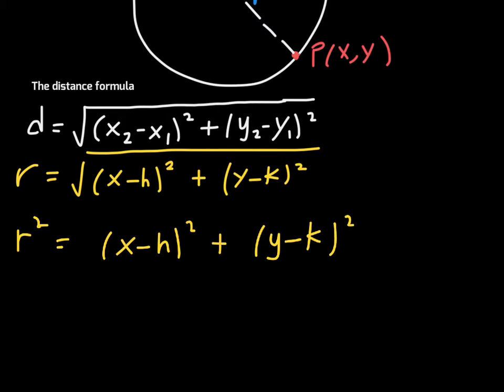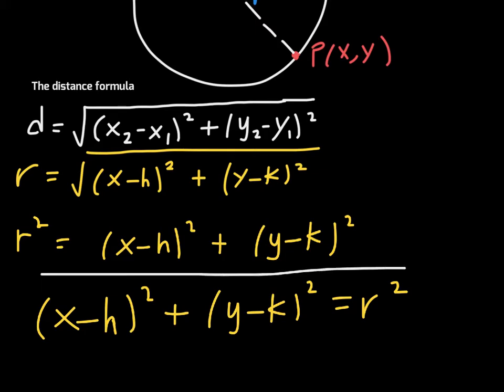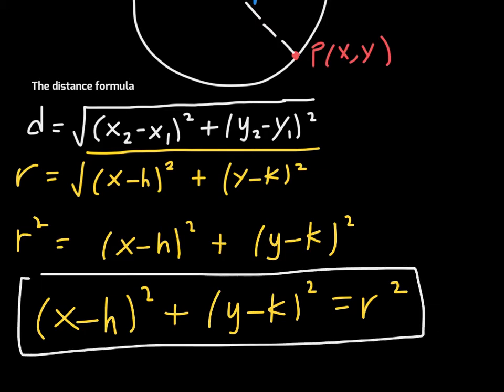Now what we've just derived here, I'll write it out one more time. This is, ladies and gentlemen, the standard form for the equation of a circle. I think it's so important that you and I are extremely familiar with this equation. This is the standard form for the equation of a circle.